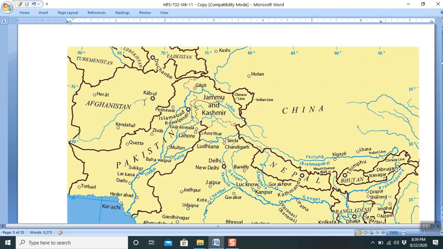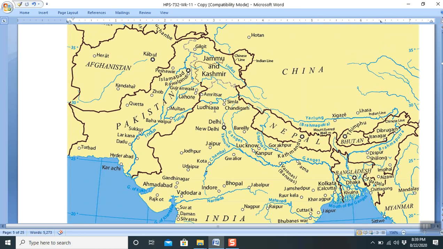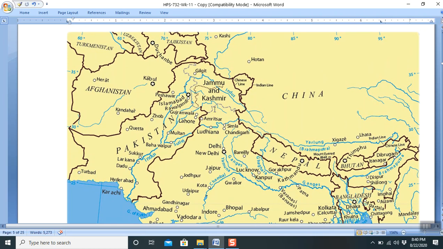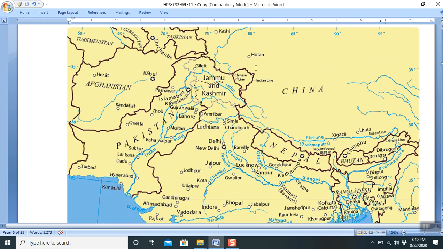The stretching of Pakistan is also quite different. Total area is 796,096 square kilometers. And the neighboring countries: you see here, it is Pakistan.